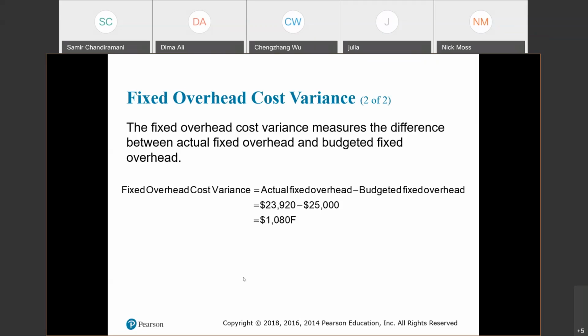We get the difference to be a favorable $1,080. This number is favorable because the company actually spent less than budgeted for fixed overhead.